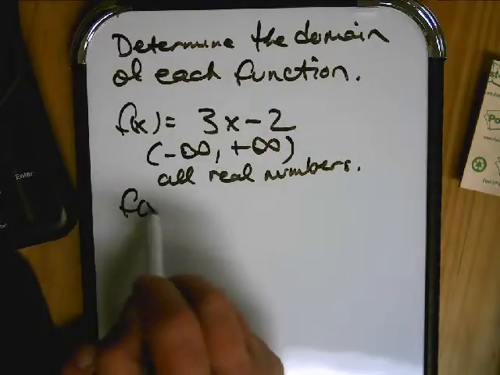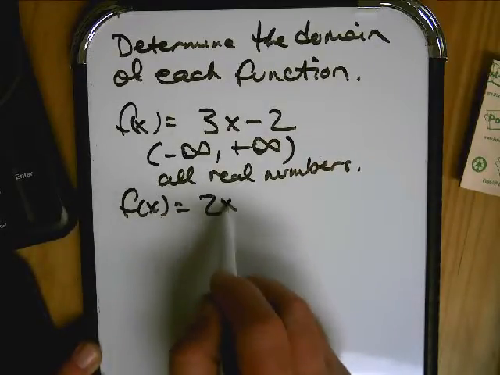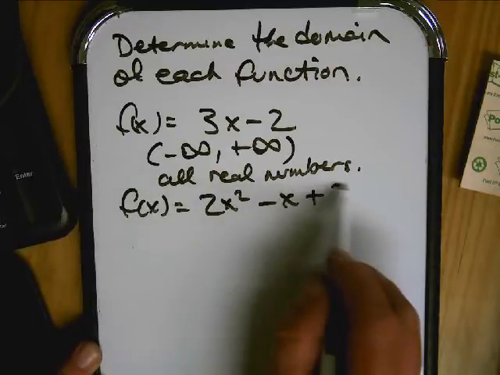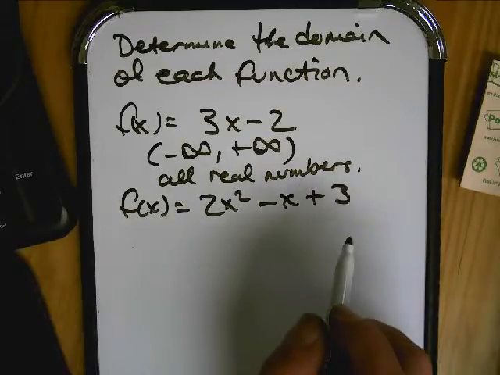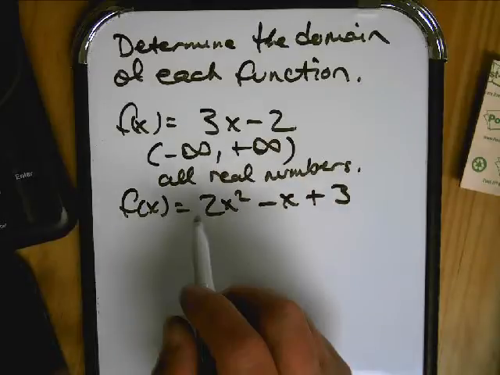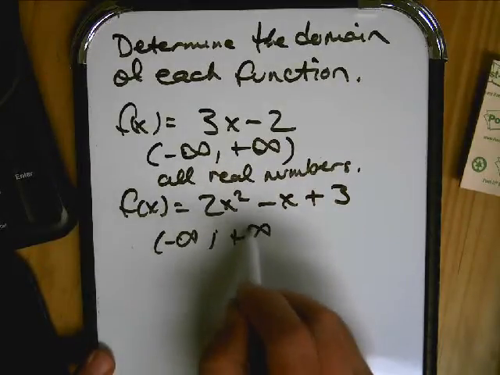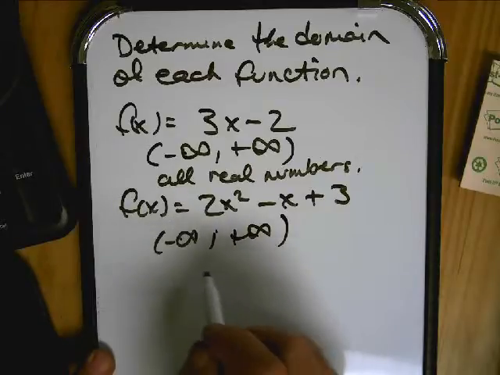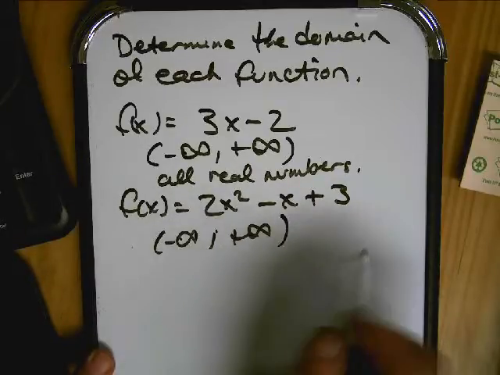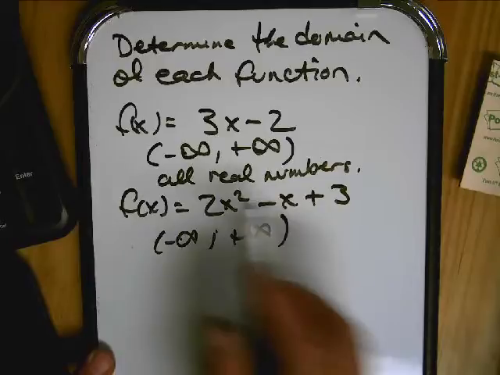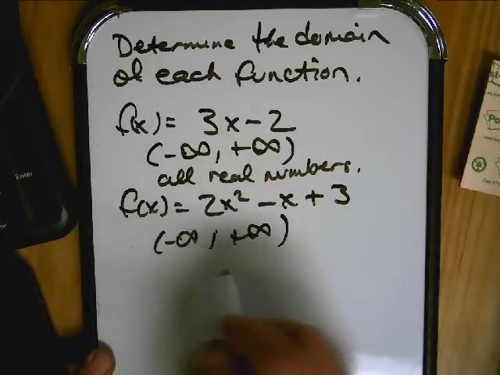What about f of x equals 2x squared minus x plus 3? Why is that all real numbers? Exactly. This is a polynomial function. Just like with a linear function, it'll always be all real numbers.